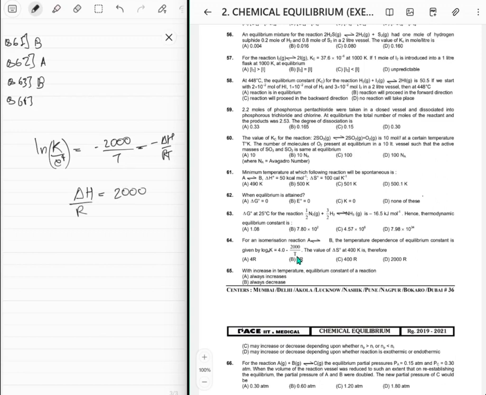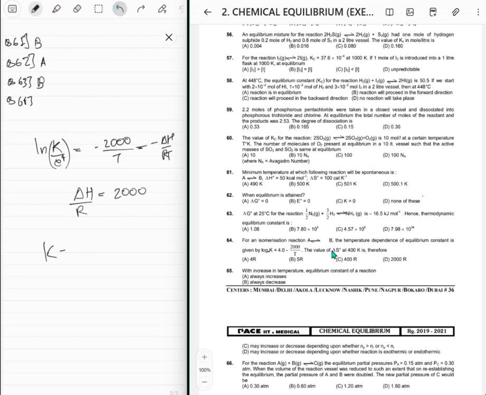And what is delta S from this? They gave us this equation, but from this, can you figure out what delta S is?